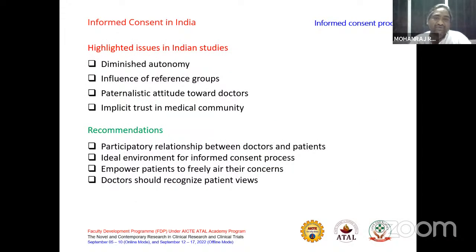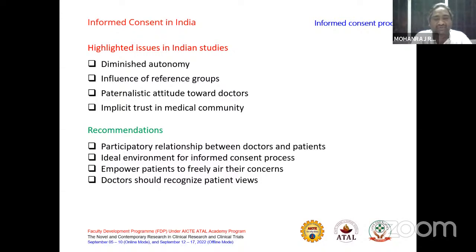So the highlighted issues in Indian informed consent are diminished autonomy, influence of reference groups, paternalistic attitude of doctors, and implicit trust in the medical community. In the Indian aspect, a very important challenge highlighted by previous research evidence was diminished autonomy.